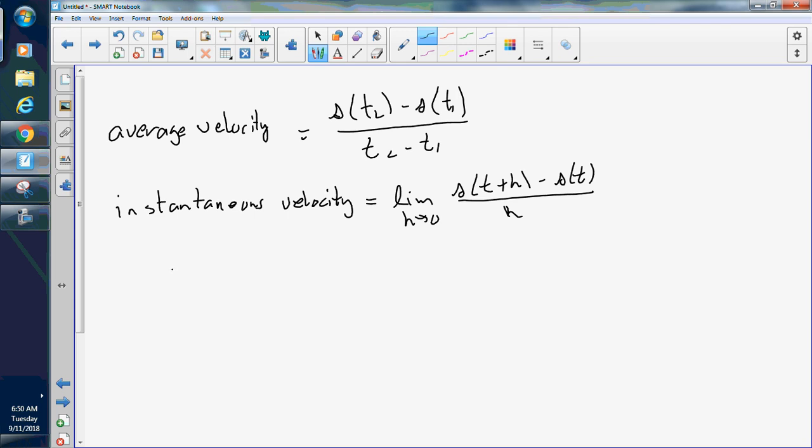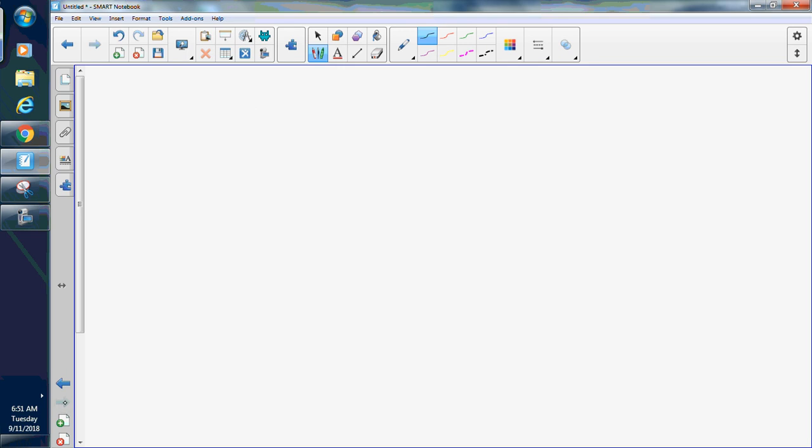So our velocity is equal to the derivative of our position function. If I want to find a velocity function, all I need to do is take the derivative of the position function. That will tell me the instantaneous velocity, the velocity at any particular time. In a graphical view, it also represents the gradient of the tangent line.